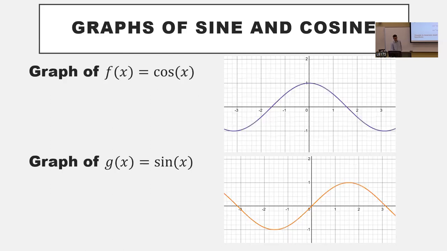And there'll be one other thing in a second. So because we have these waves in our cosine and sine functions, we're going to have to force ourselves to look at just one section. We're going to have to force ourselves to limit the domain of cosine and sine so that it's one-to-one.